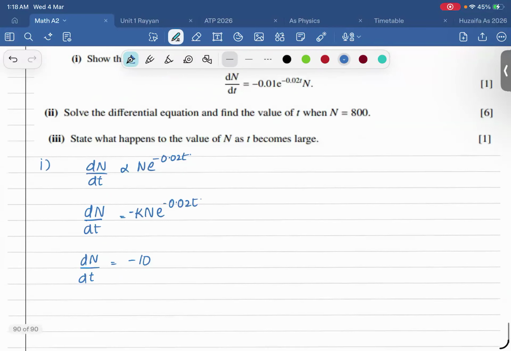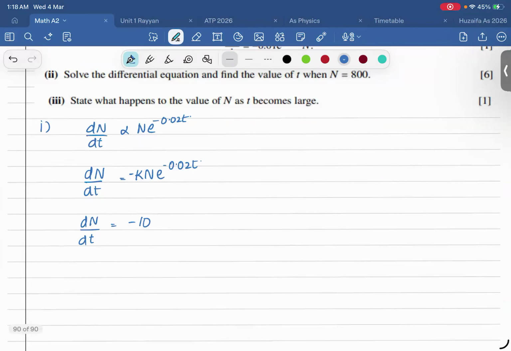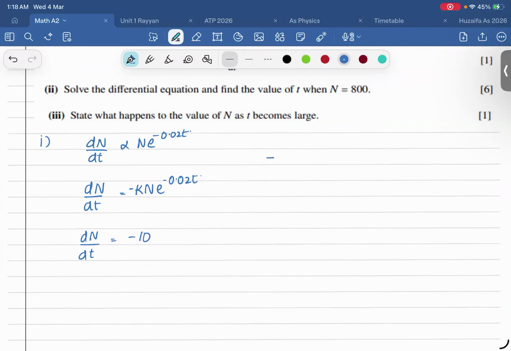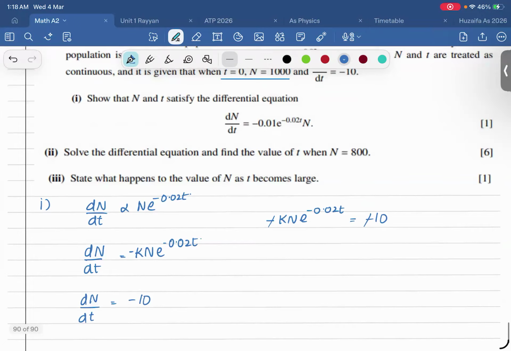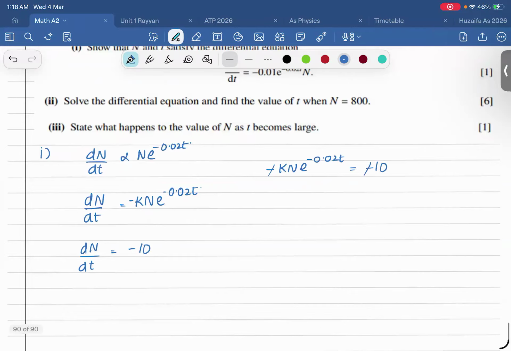Basically, what we have to do is just negative k times e to the negative 0.02 t is equal to negative 10. You can cancel them out, and just put time equal to 0, so you will get that.